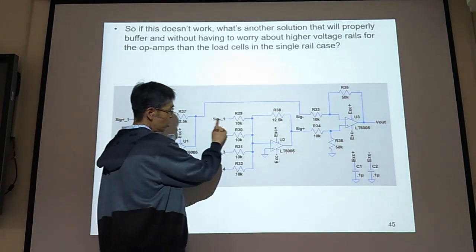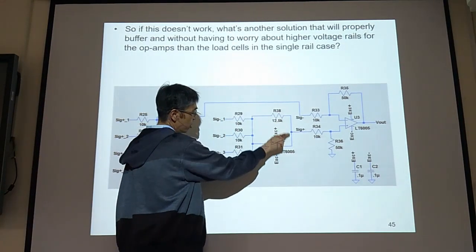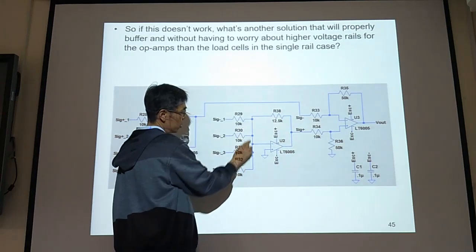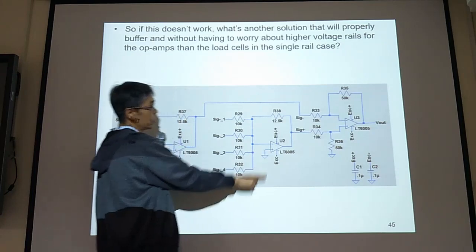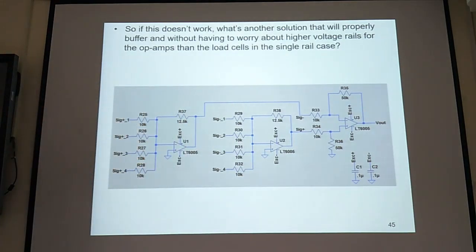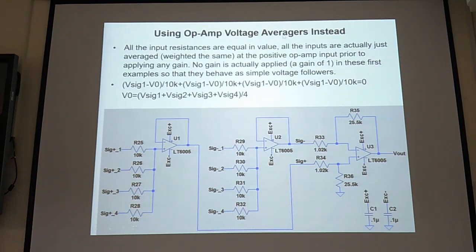But see, this is the old one. Due to the feedback, you won't see this high input resistance. So we need to make some improvements. This is the improvement we are going to make.